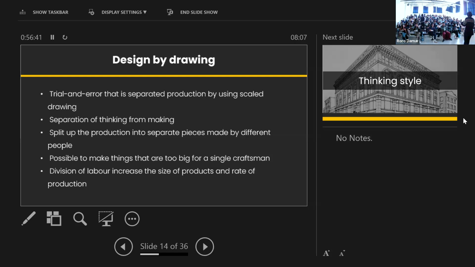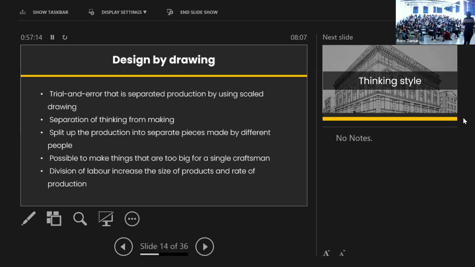Build a car, yeah. Does the designer of the car have to be present in the factory? No, right? The designer designs on a piece of paper, makes a scale drawing, and gives it to someone else to build. Okay, you build the door, you build the windshield, you build the engine. So it becomes separate between the maker and the doer.